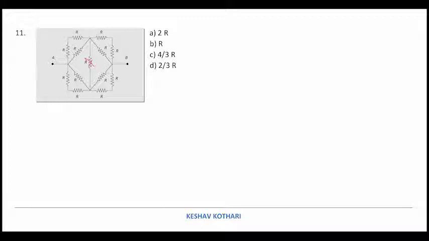Now if I calculate the value for one network over here, which is something like this, R, R and R. These two combinations are in series, which is equal to 2R, and the effective value of this can be written as R1 R2 upon R1 plus R2, that is 2R by 3.